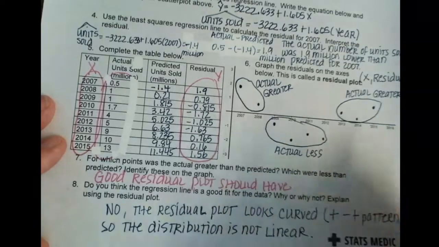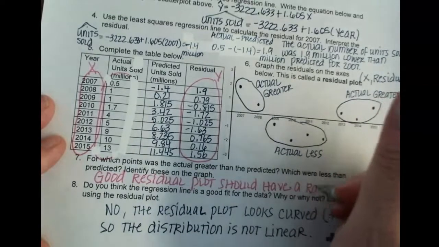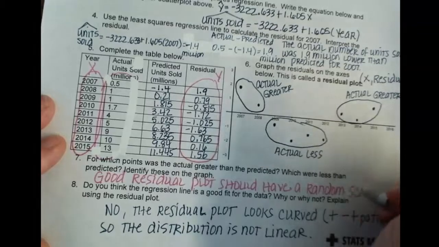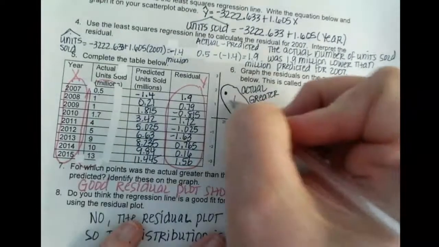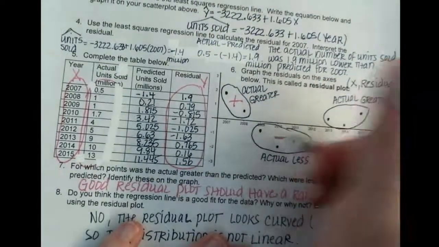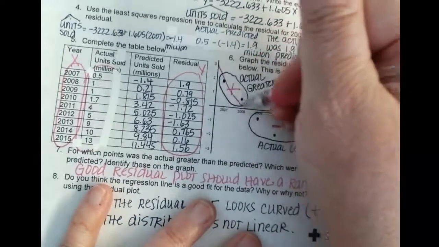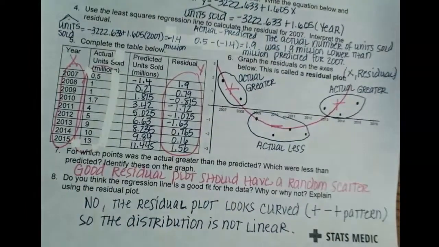When we look at our points, these are positive, meaning they're above the line, these are negative, and these are positive. That's that positive, negative, positive. And when you have that going on, your results aren't scattered, they're actually curved.